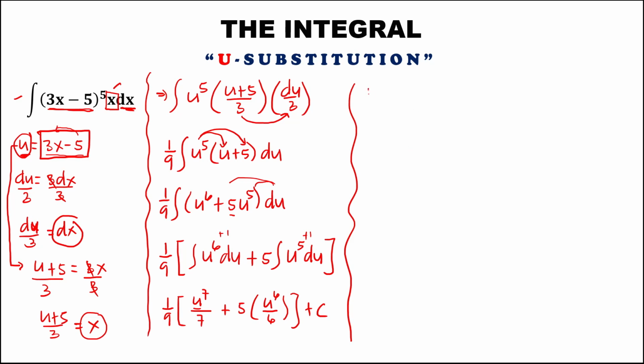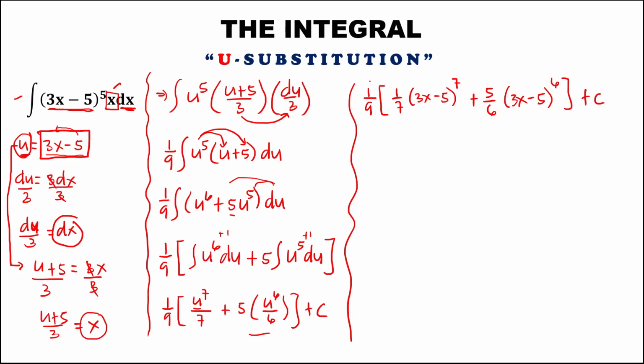So this becomes 1 over 9, then times 1 over 7 and u is equal to 3x minus 5, then to the power 7, then plus for this term, this is 5 over 6, and u is 3x minus 5, then to the power 6, then plus c.